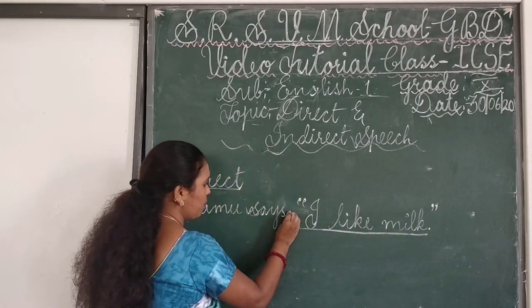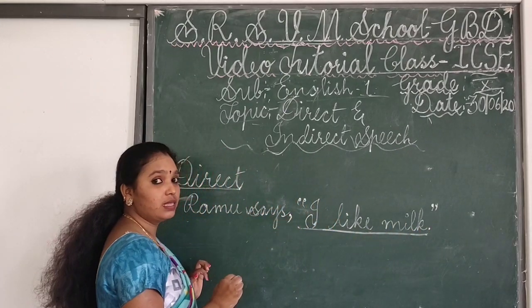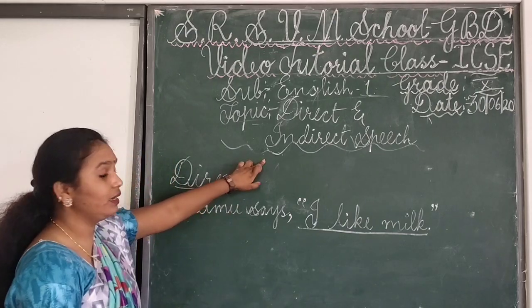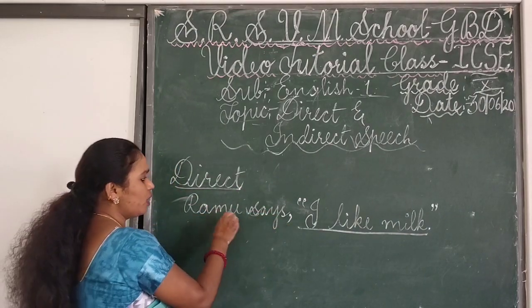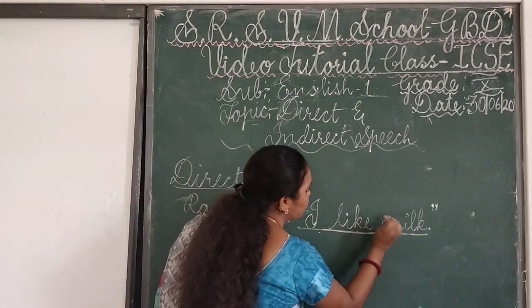We have used a comma in the direct speech, whereas in indirect speech, the comma will not be given. So, Ramu says, I like milk.